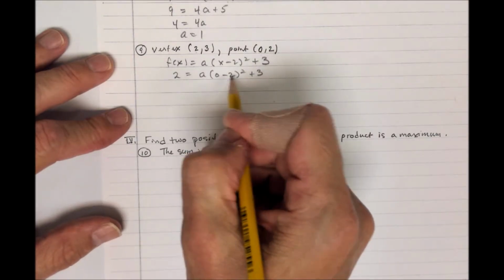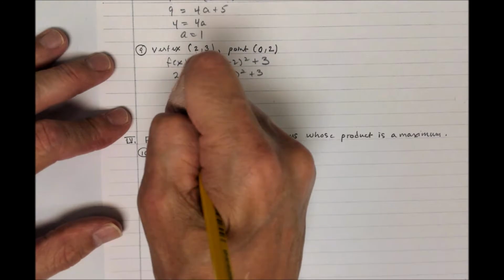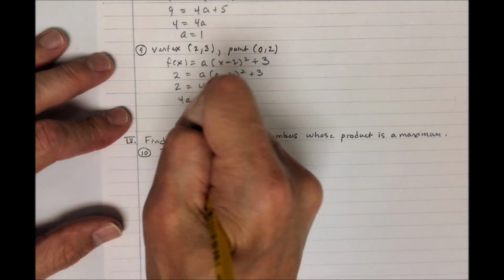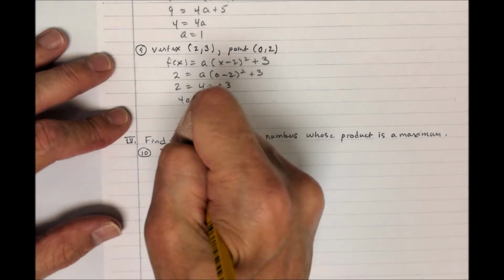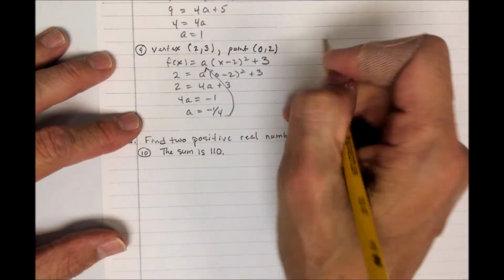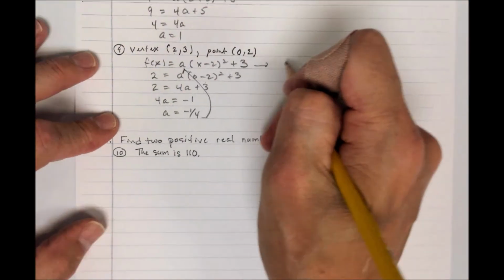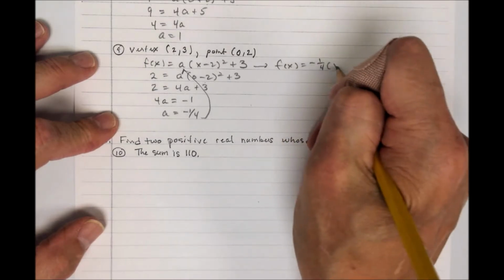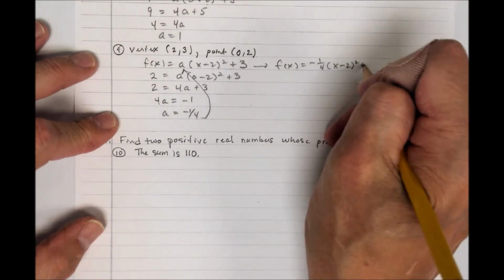Negative 2 squared is 4, so I have 2 equals 4a plus 3. Subtract 3. I have 4a equals negative 1. Divide by 4, I have a equals negative 1/4. So that goes right in there. So my answer is f of x equals negative 1/4 times the quantity x minus 2 quantity squared plus 3.